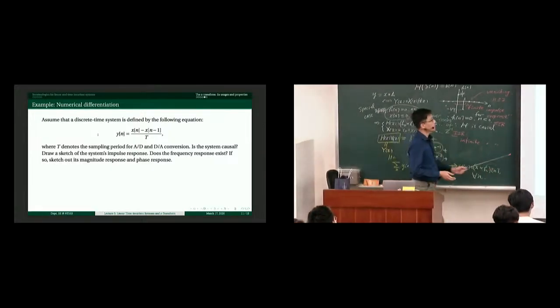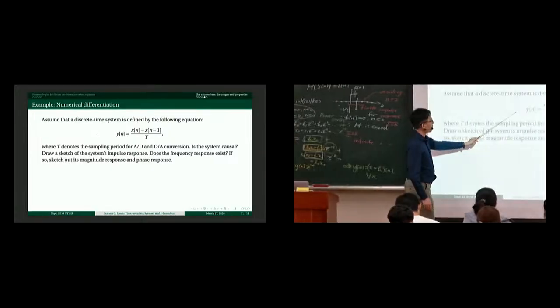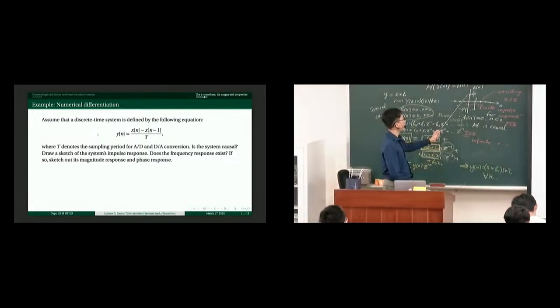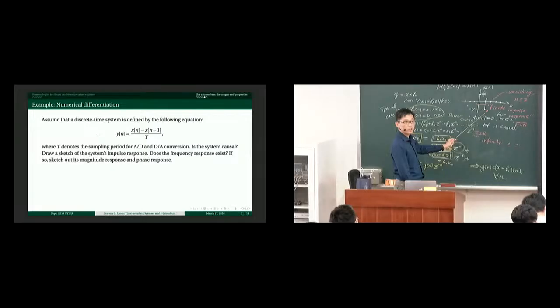So we're looking at this equation. And very soon, with this definition, we realize that the impulse response has only two non-zero samples, one pointing up, the other pointing down, okay, with positive polarity and negative polarity. Yeah, so that's the impulse response. You can very easily verify this is true.